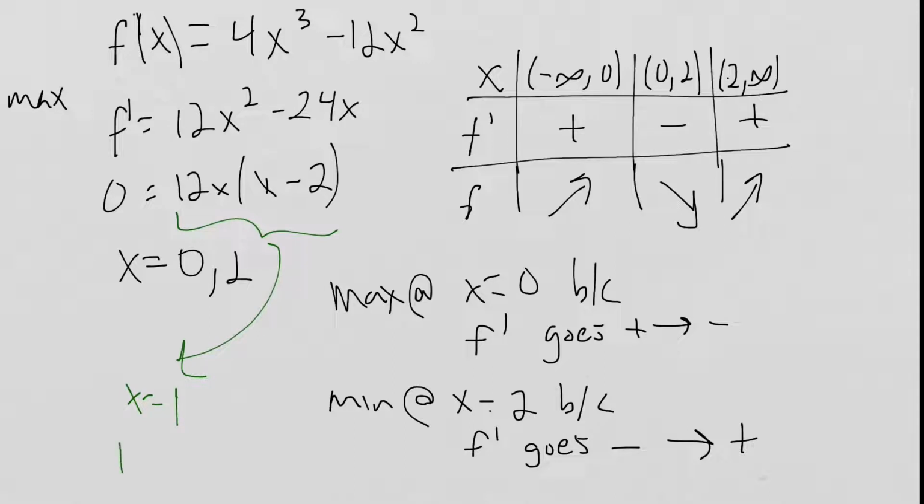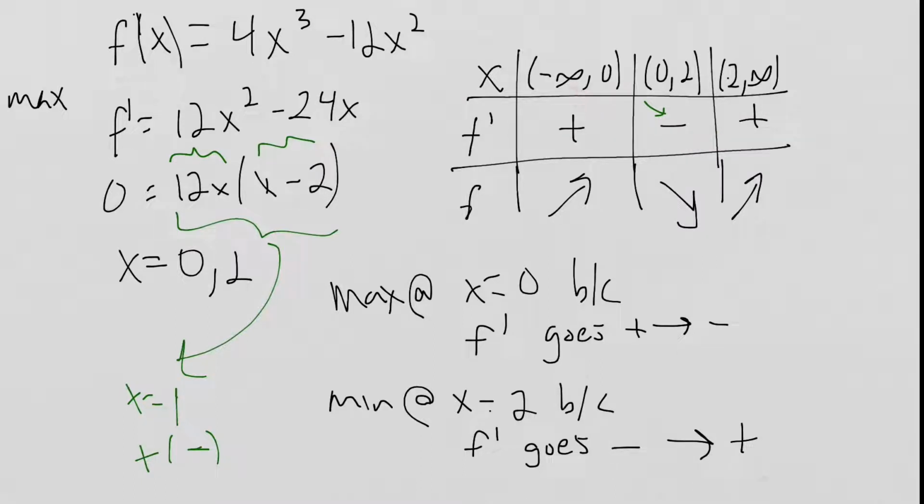When I plug in 1 there, I just get a positive number. This whole term is going to be positive. Times, what do I get for this term? A negative. Plus times a minus, well, that's a minus. So that's where this guy right here comes from. And that's what I do for all of these spots.